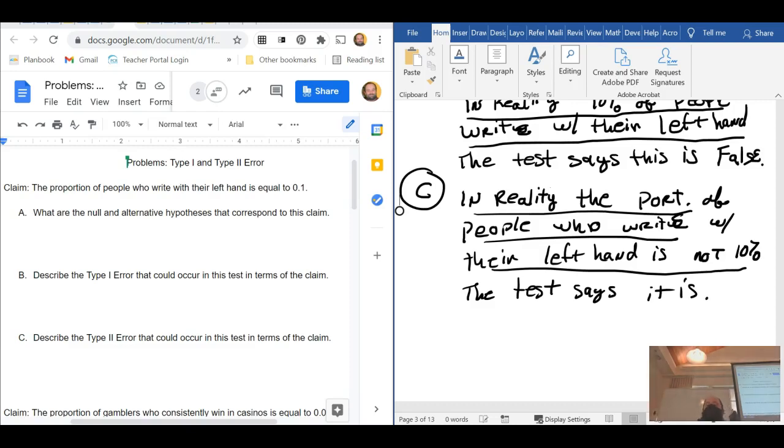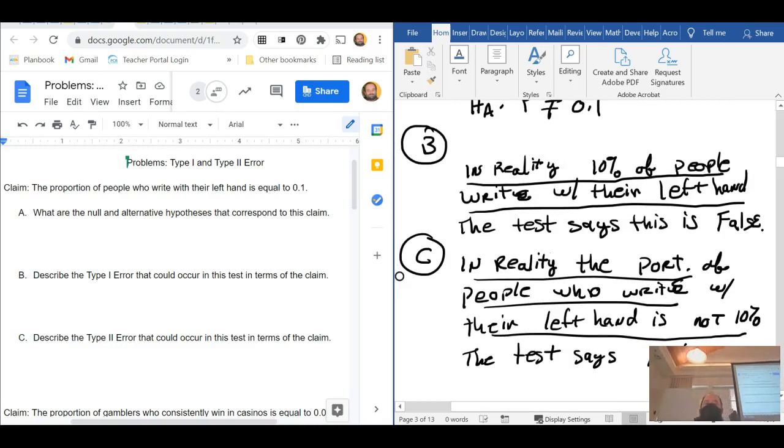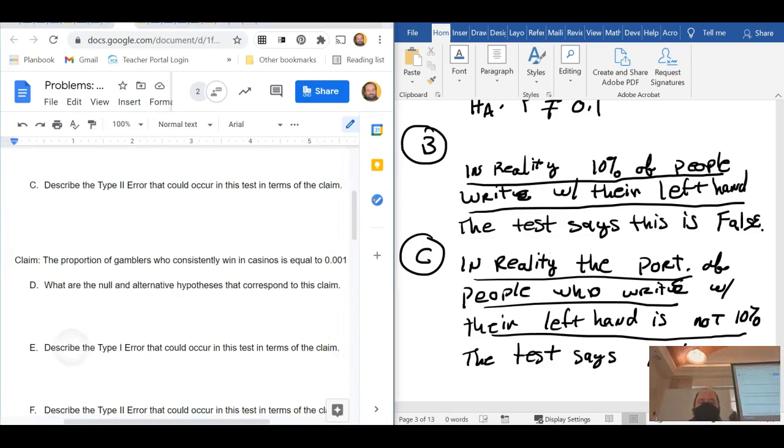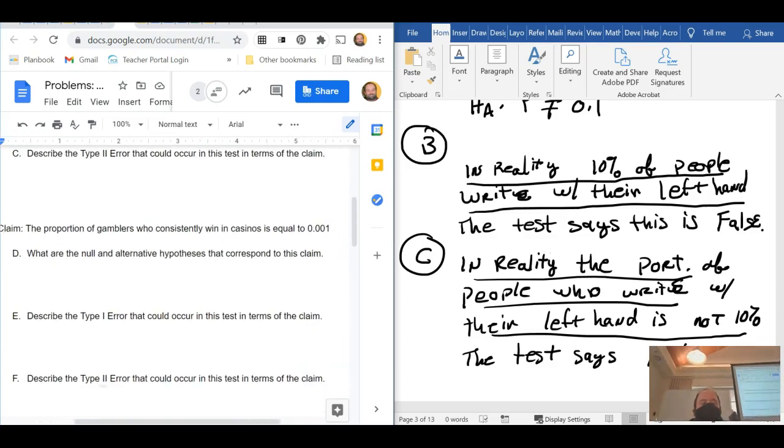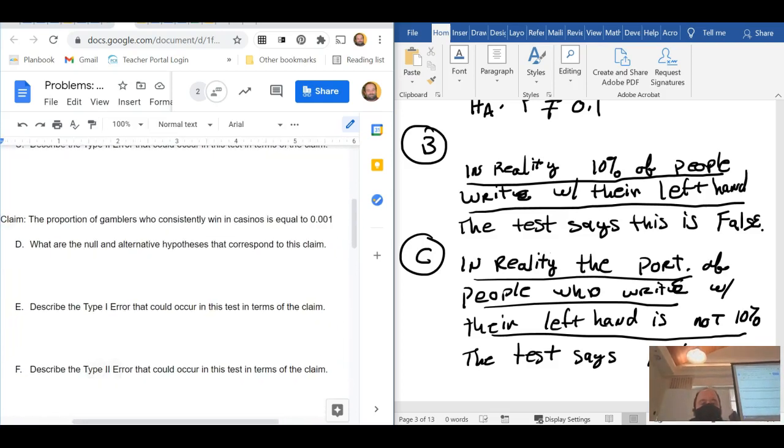All I'm doing is identifying the two errors. I don't have any data to test this on. I'm just saying that if I conducted this test, these are the two ways I could get it wrong. The type 1 error is that 10% of the people are left-handed and the test says it's wrong. The type 2 error is that the proportion is not 10% and the test says it is. Does that make sense? We don't know which of those errors is happening, or even if any of them are happening. The second one follows very similarly to this one.